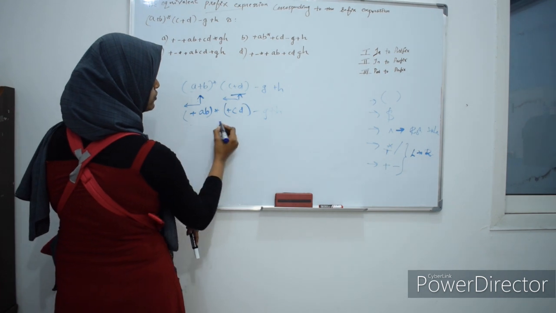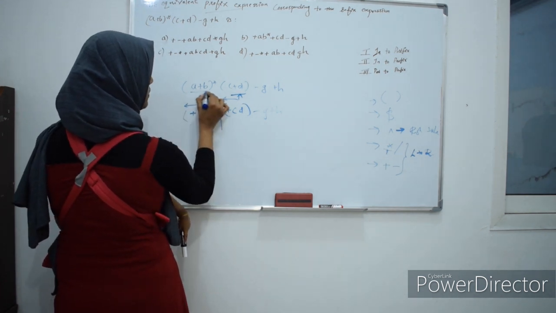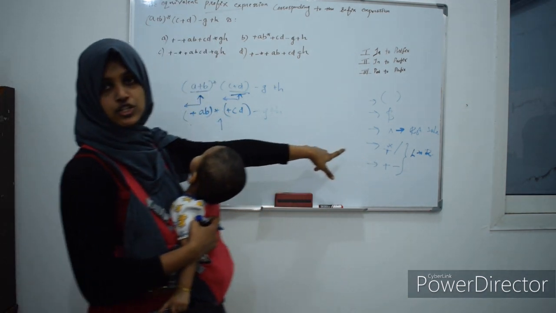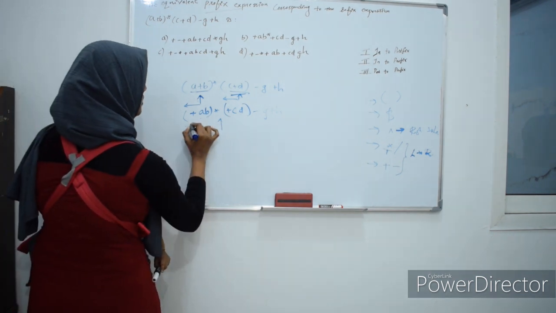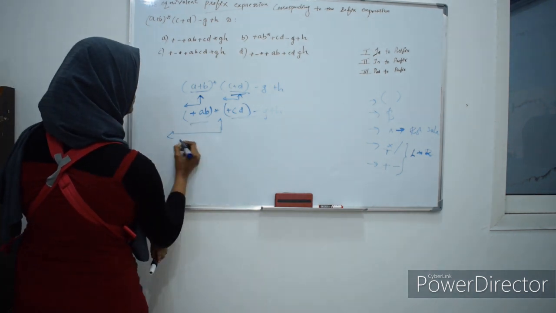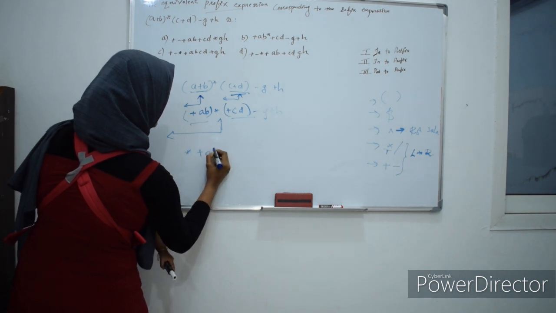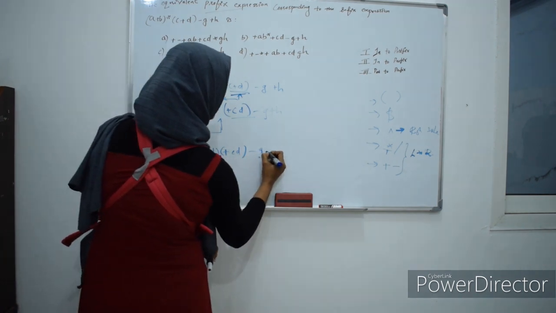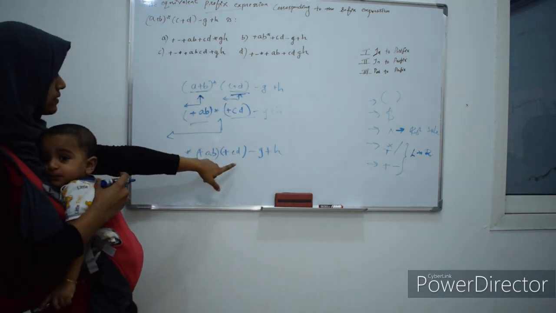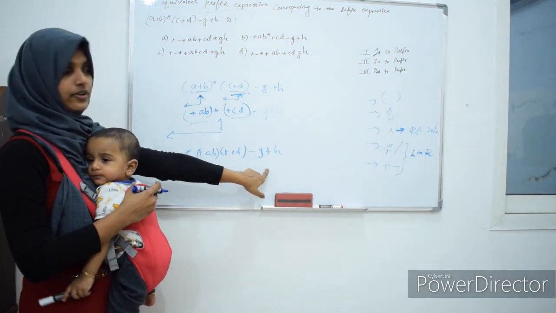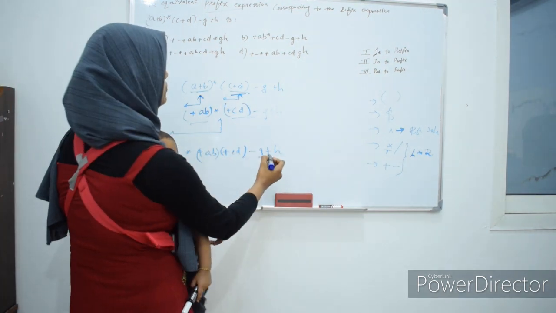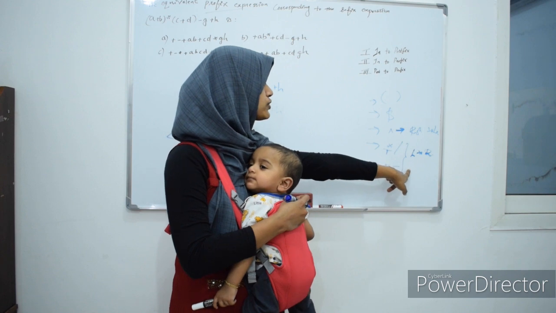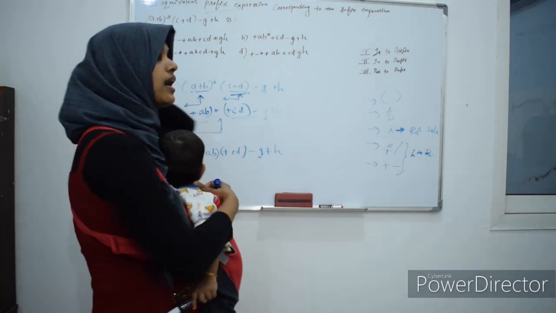Next, what is the high priority operator? Star, the multiplication operator. So this operator moves to the left: star plus AB plus CD, minus, G plus H. Then there are two operators left and right, minus and plus, which have equal priority, but we have left to right associativity for these arithmetic operators.